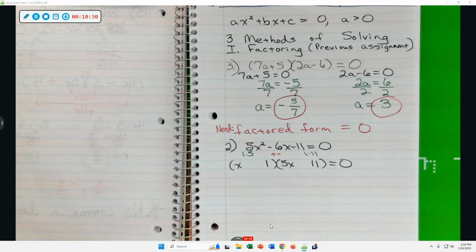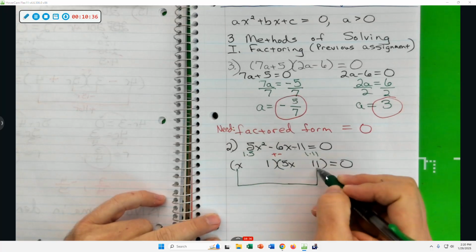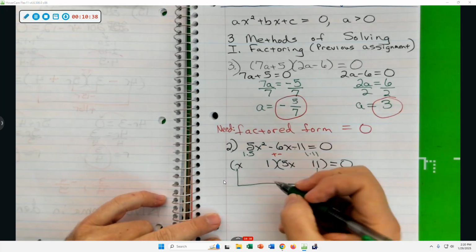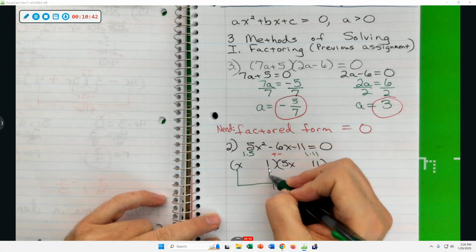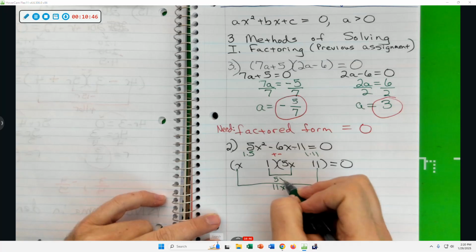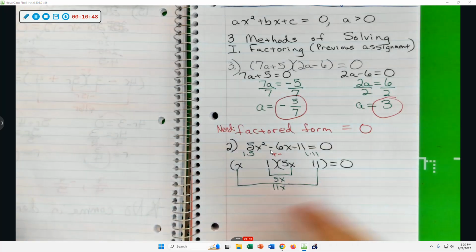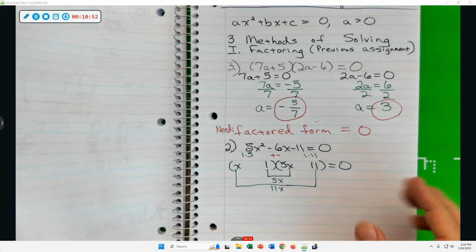So let's check our outer product and our inner product. The outer product, x times 11, that's an 11x. The inner product, 1 times 5x, that's a 5x. Do you remember that little table that my brother made the last time?